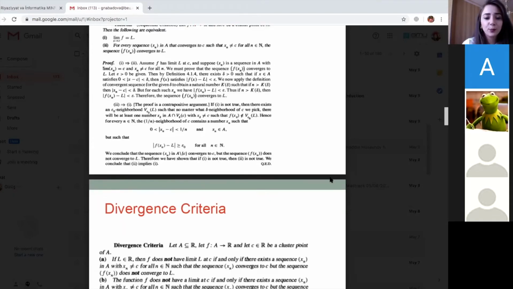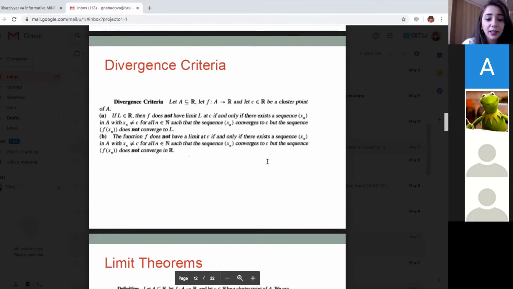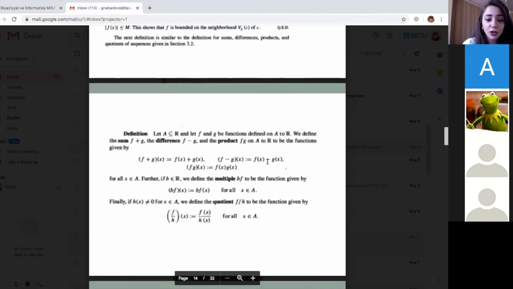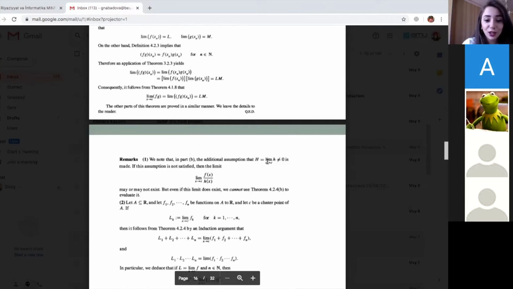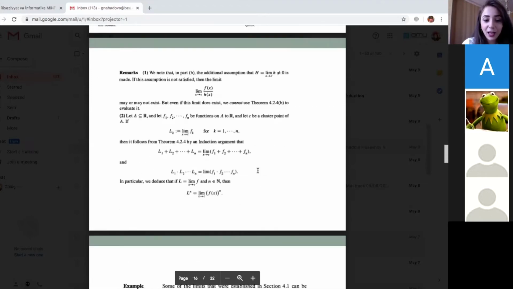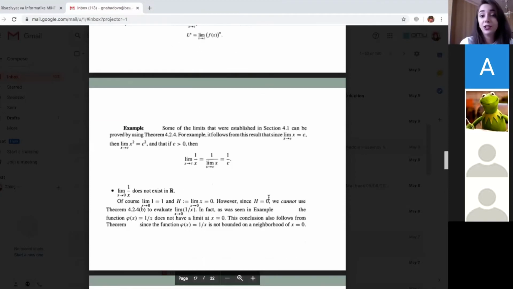And here's the proof. You don't need to prove it, and you also mentioned the divergence criteria and limit theorems, but your presentation is really very big and we have very little time, so we cannot read all of it, but you really gave detailed information.